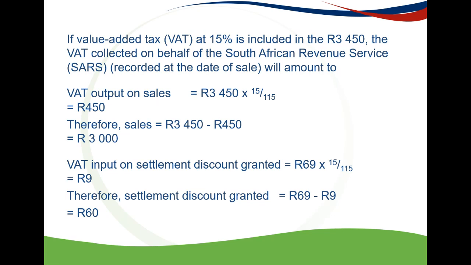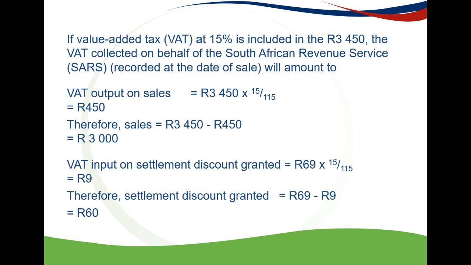Now remember, the reason why we use the 15 over 115 here is because the 3,450 includes my VAT. So it's the VAT inclusive amount. And to get my VAT amount, when I already have my VAT inclusive amount, I must multiply it with the 15, which relates to my VAT, and the 115 relates to my VAT inclusive amount.